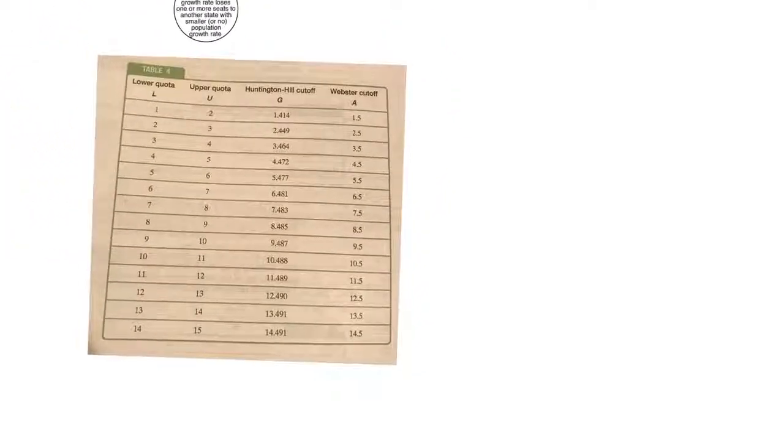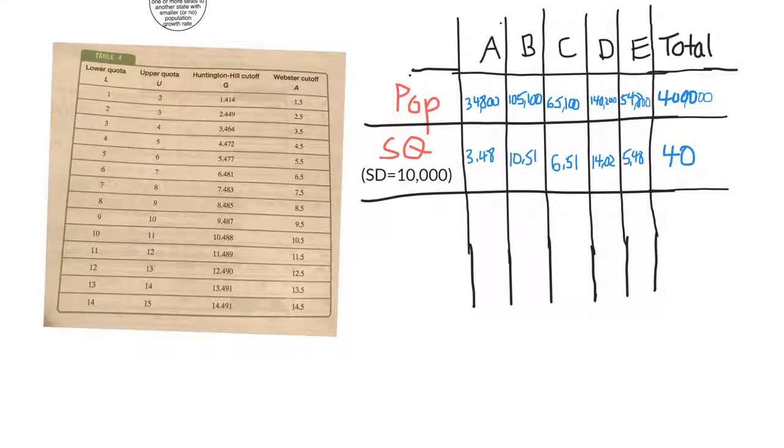We're going to keep this chart handy right now. Imagine that we have an election that has the following results. Let's say you have all of these state populations here. It's a total of 400,000 people in the country. You have 40 congressional seats, and the standard divisor is 10,000. Therefore, the standard quota will be the following.